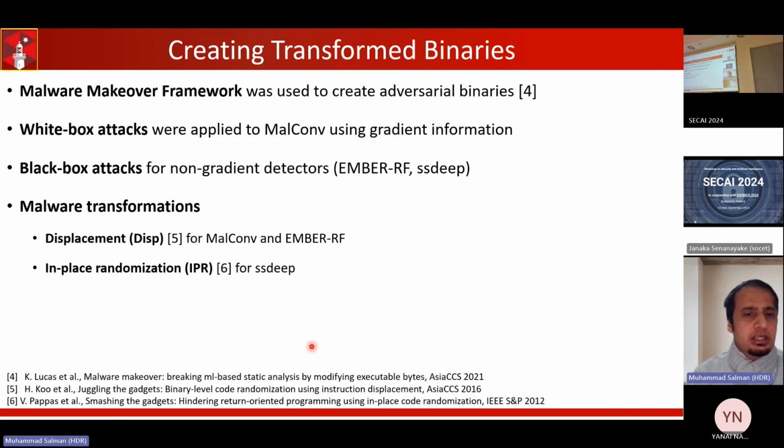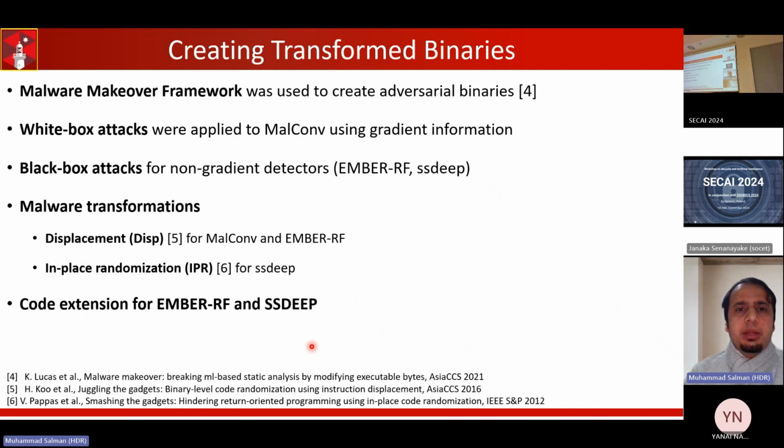Secondly, we use the in-place randomization technique, which replaces original instructions with their equivalent ones to modify the adversarial binary while again maintaining its core functionality. The original Malware Makeover framework had support to target MalConv. However, in order to target EMBER RF and SSD, we extended the original framework in order to generate adversarial binaries for EMBER RF and SSD.